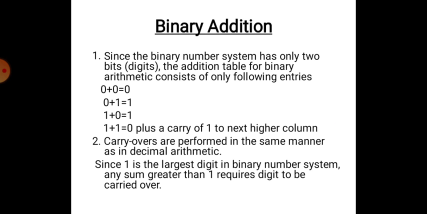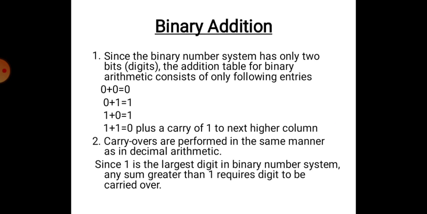Students, these are the rules to be followed for binary addition. What are the rules? 0 plus 0 is equal to 0, 0 plus 1 is equal to 1, 1 plus 0 is equal to 1, and 1 plus 1 is equal to 0 plus a carry of 1 to the next higher column.